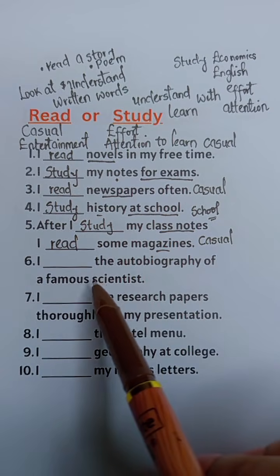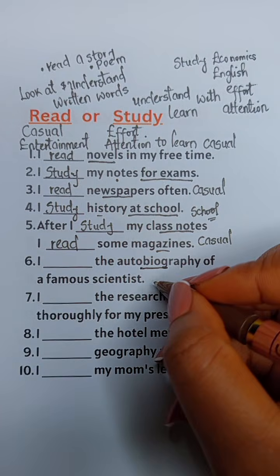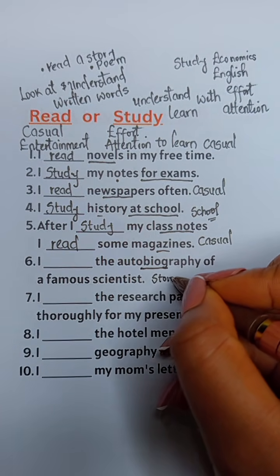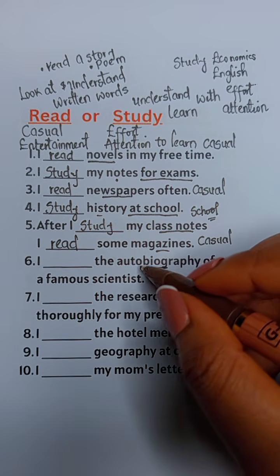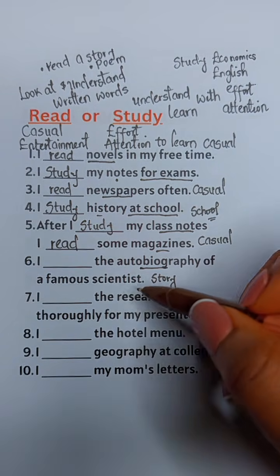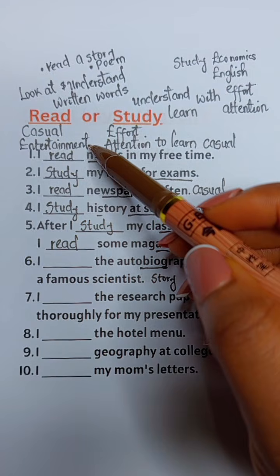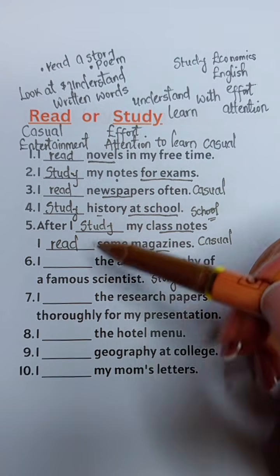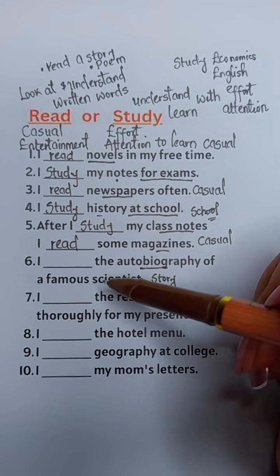Now we have to look at this. An autobiography is a story, a life story or life account that someone wrote himself. Okay, that means this was written for casual purposes or for entertainment, to get the information that this person, the author, is trying to pass.